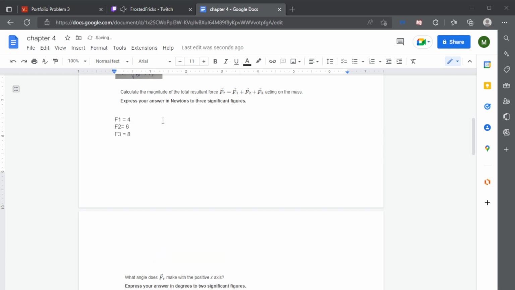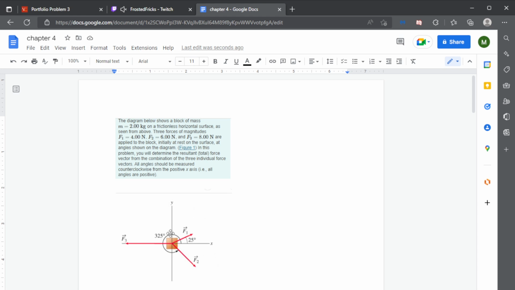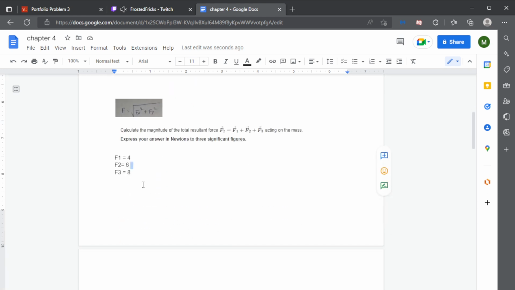Now the problem is we found the forces, however, we need to find how they're applying in the graph. So we are going to find the x and the y force.